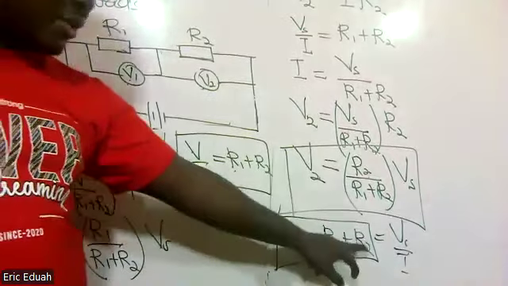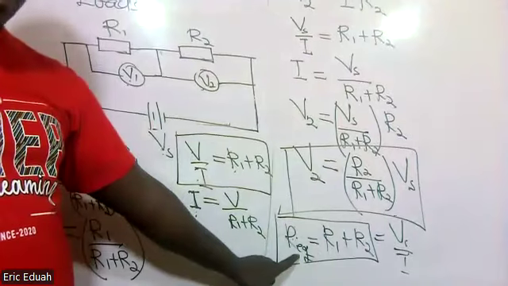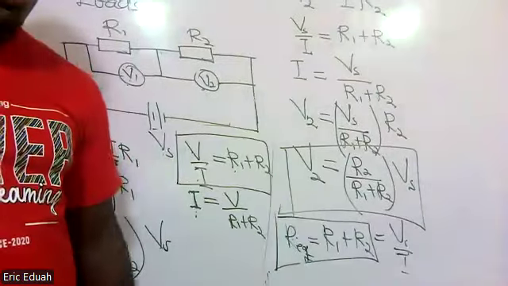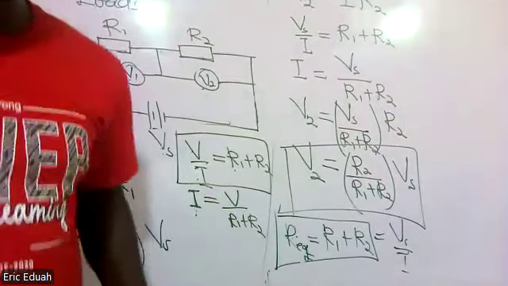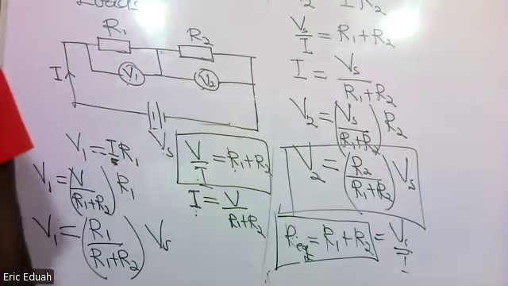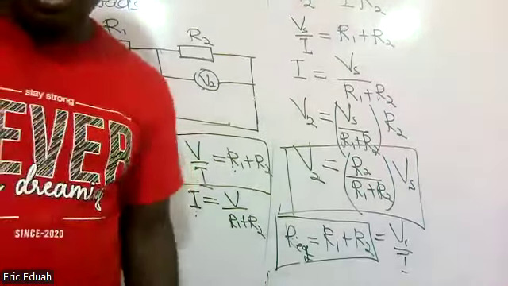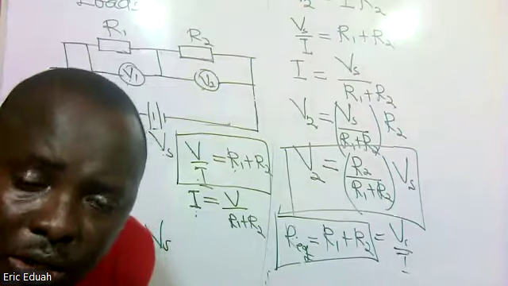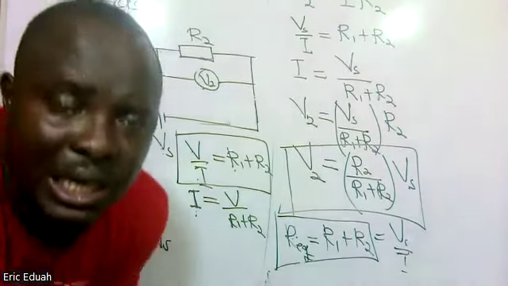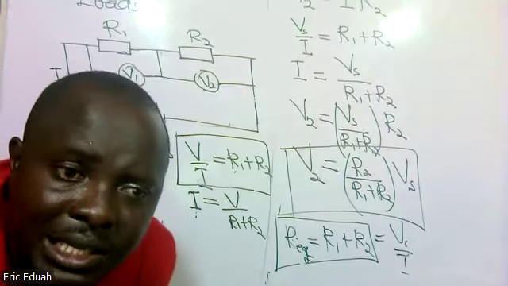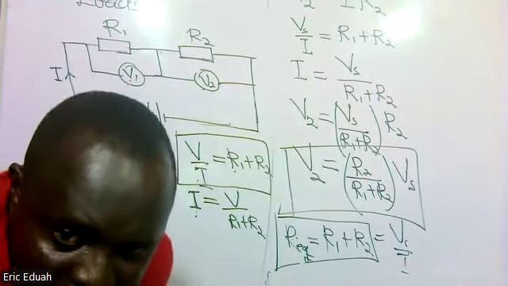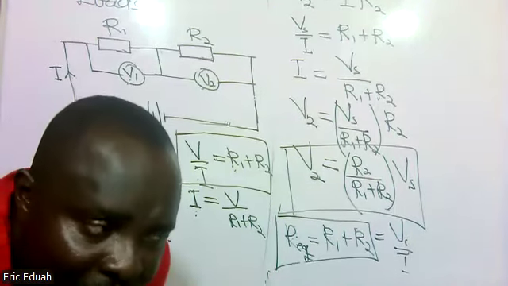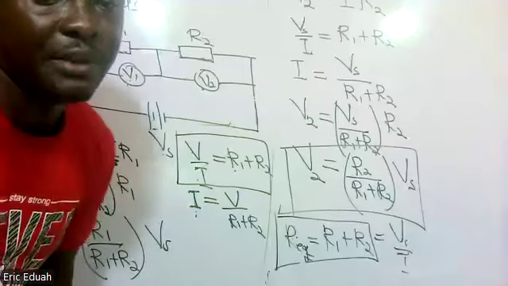So R1 is this, R2 is this, but the equivalent or the effective resistance is always greater than any of the individual resistances. So what it can also mean is that if you have two resistors and you want to create a circuit whose total resistance is always greater than any one of them, then connect the resistors in series.